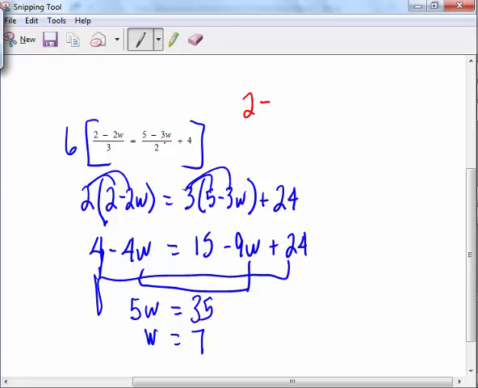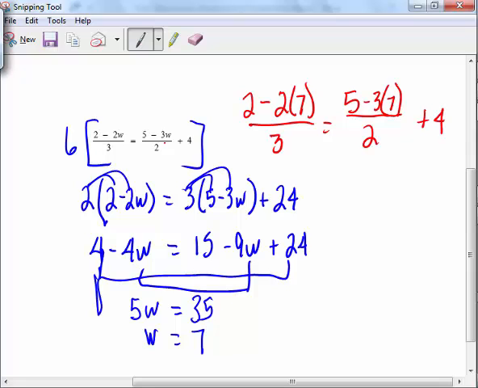2 minus 2 times 7 over 3. Does that equal 5 minus 3 times 7 over 2 plus 4? 2 minus 14 is negative 12 thirds.